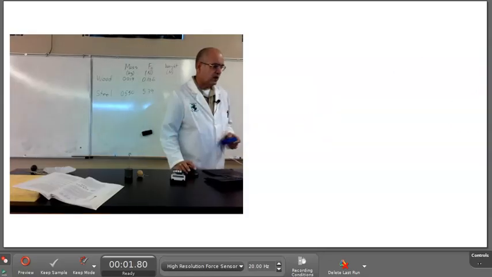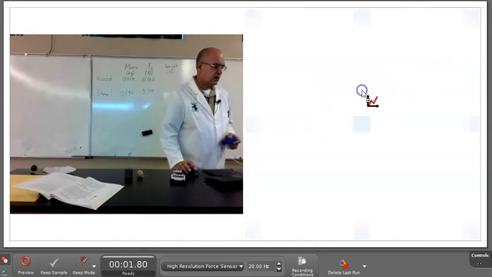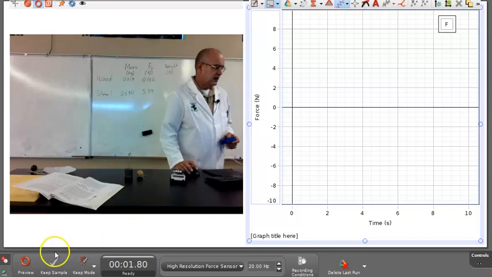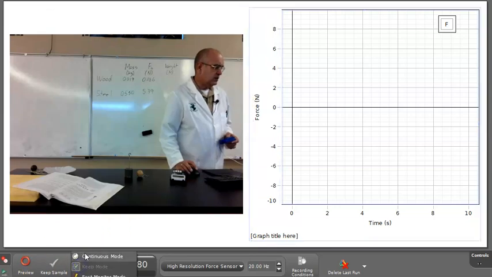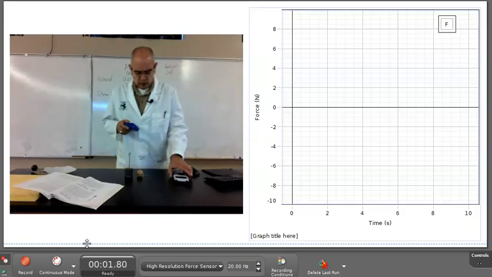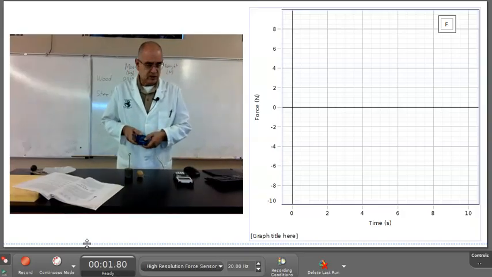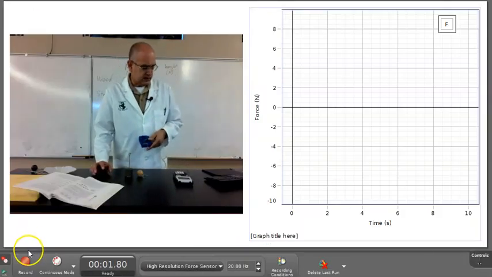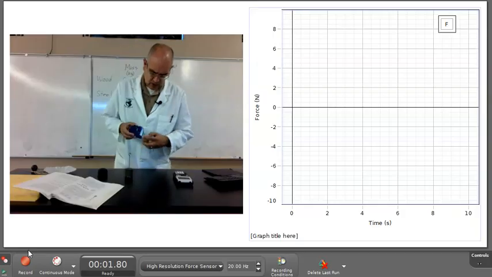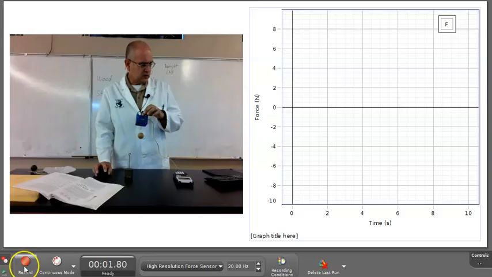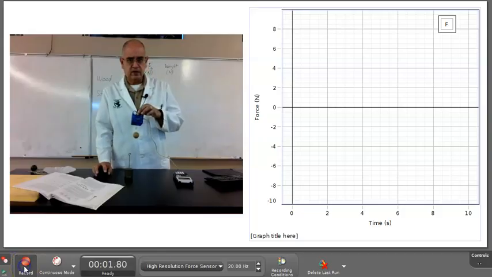I'm going to go ahead and use a graph, and I will measure the force, and I will change it from keep to continuous. So here we'll start off with the force. We will zero the force sensor. And I'll go ahead and hook the force sensor onto the steel ball and let it hang, and then start recording for about a second.